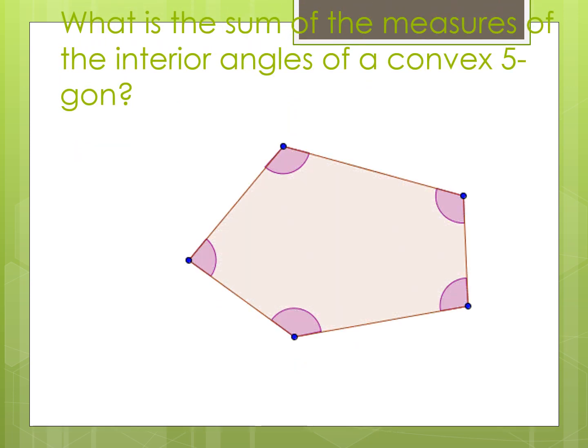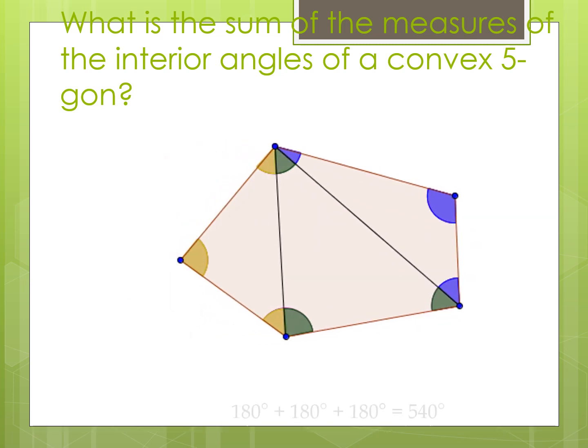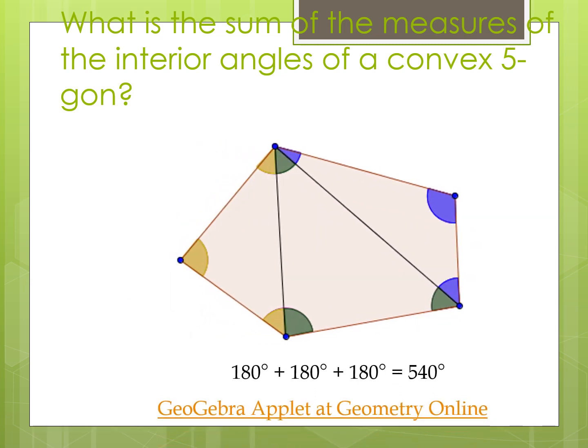How about a five-sided polygon? In a five-sided polygon, we connect one diagonal, then two diagonals, and so we could form 1, 2, 3 triangles.